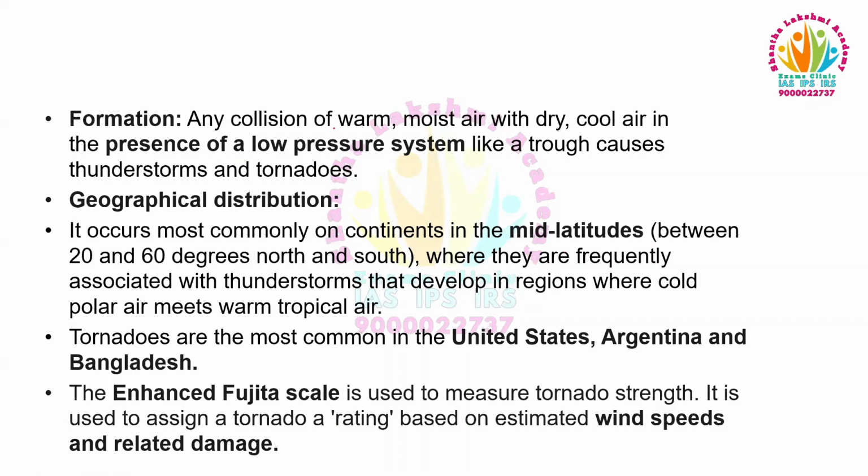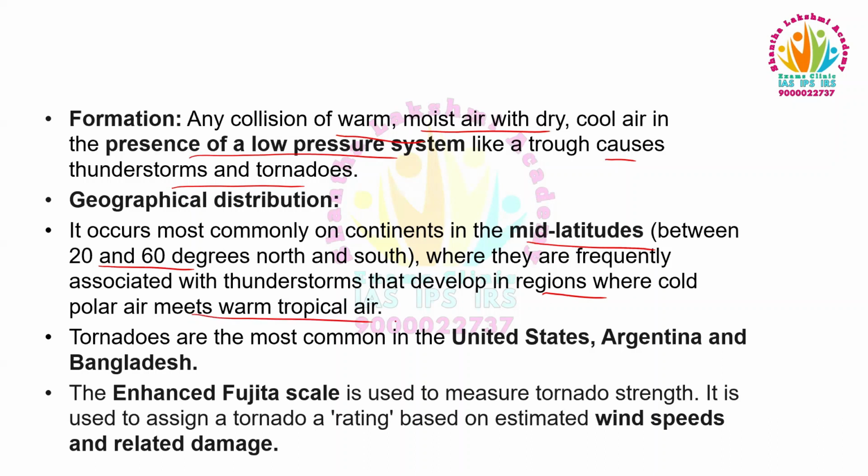Formation: any collision of warm, moist air with dry, cool air in the presence of a low pressure system like a trough causes thunderstorms and tornadoes. Geographical distribution: it occurs mostly on continents in the mid latitudes, that is between 20 and 60 degrees north and south, where they are frequently associated with thunderstorms that develop in regions where cold polar air meets warm tropical air.